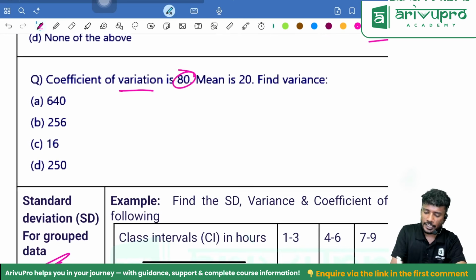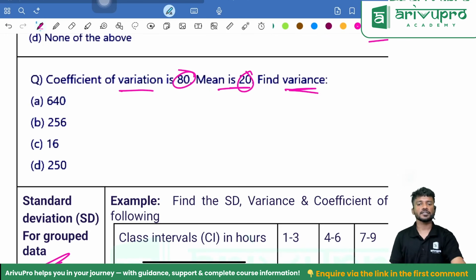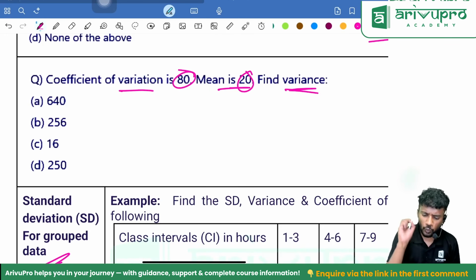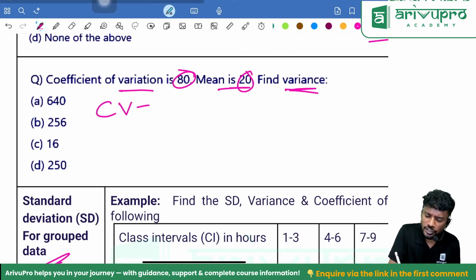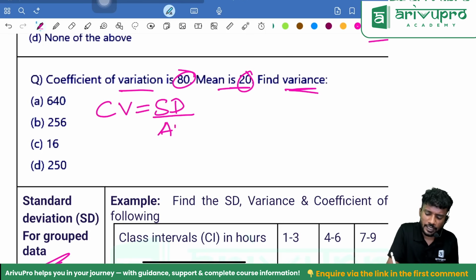Coefficient of variation is 80. Mean is 20. Find the variance. What is the formula for coefficient of variation? That is standard deviation divided by arithmetic mean into 100.